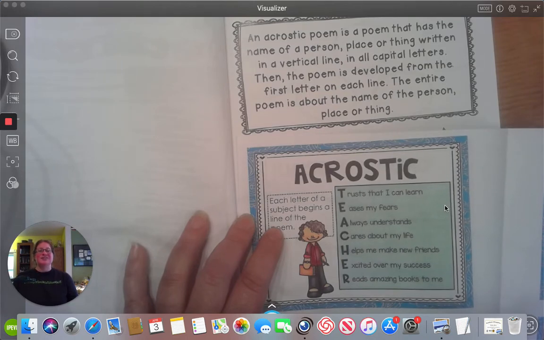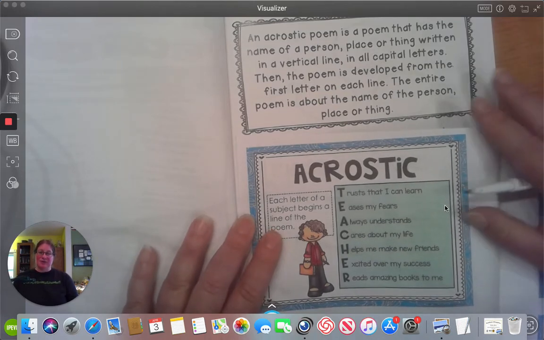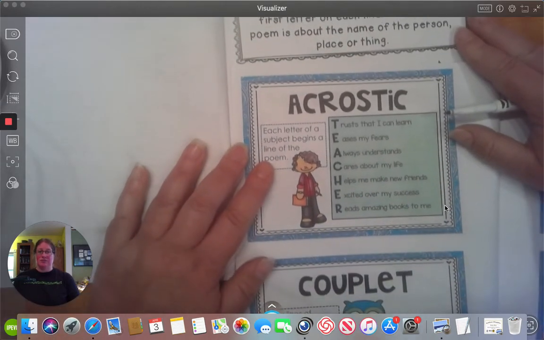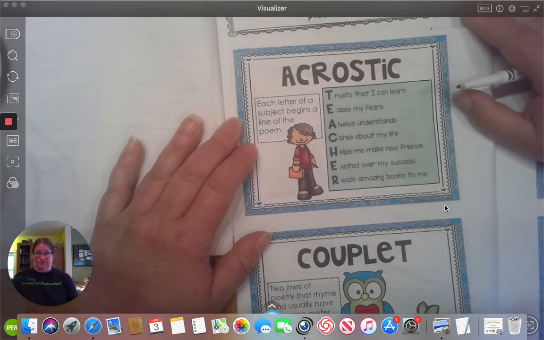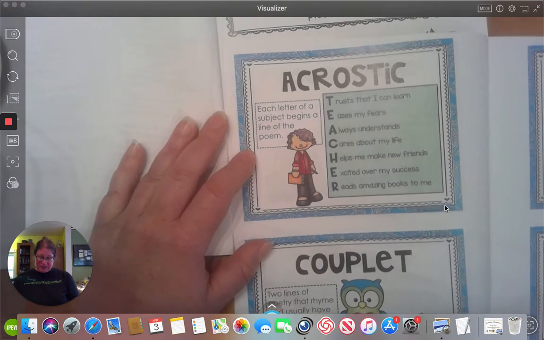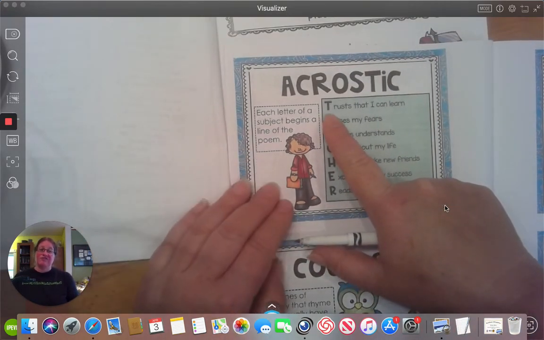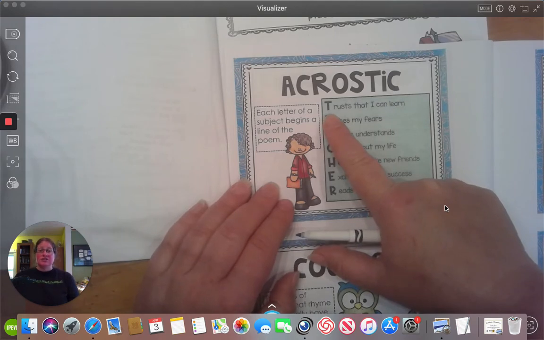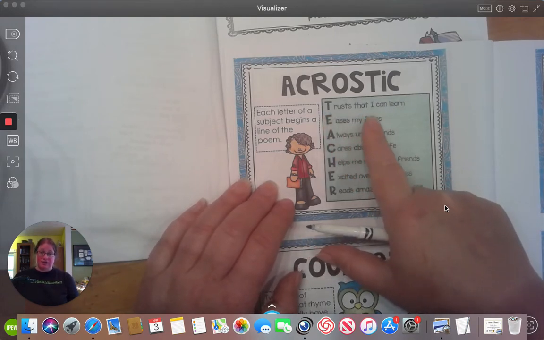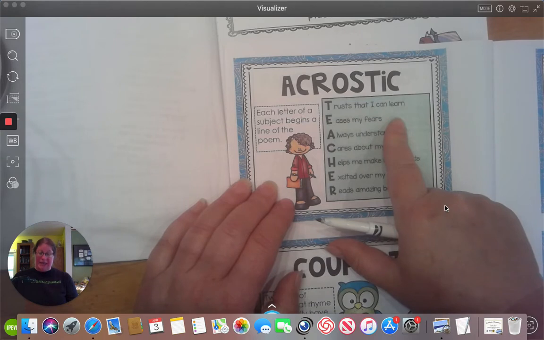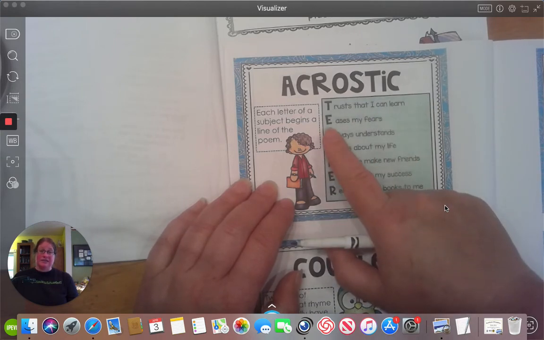Okay, so the example they're going to give you in here is going to be the word teacher. So, teacher, T, they're giving you a phrase. Trusts that I can learn. E, eases my fears.